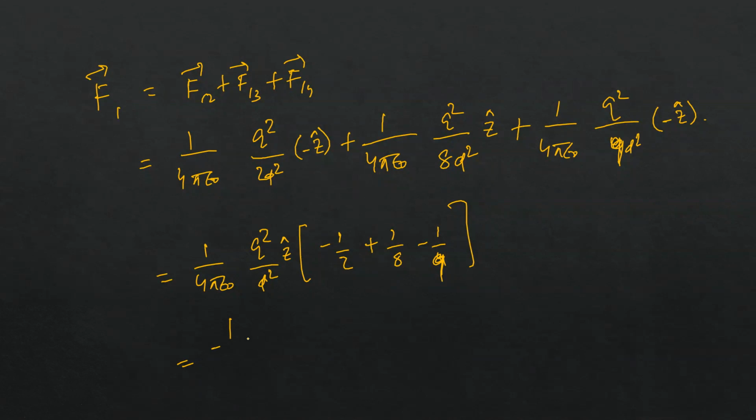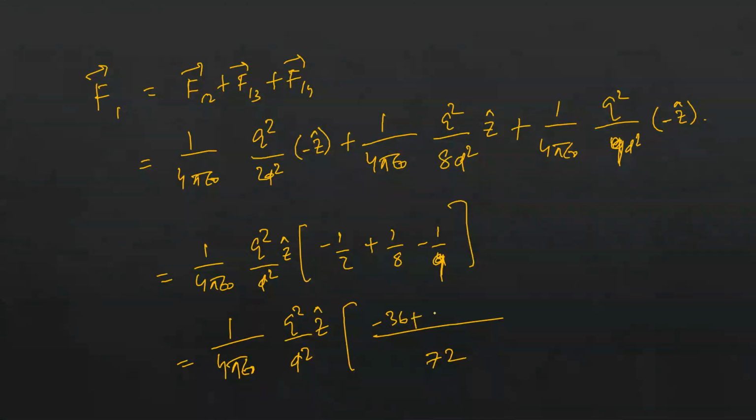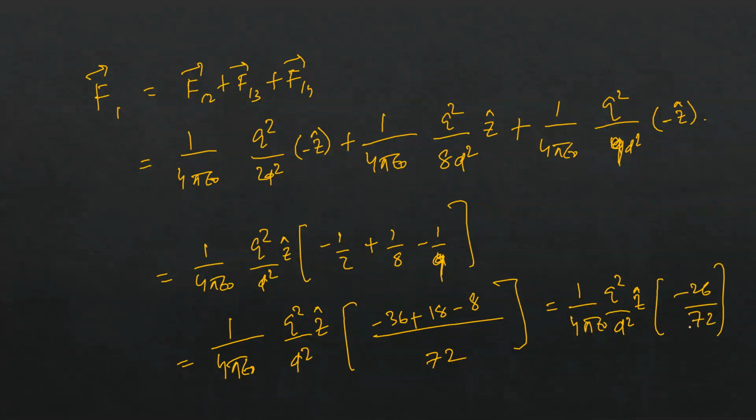So this will be 1 by 4 pi epsilon naught q square by d square z cap, times 72 minus 36 plus 18 minus 8, that is minus 26 by 72.